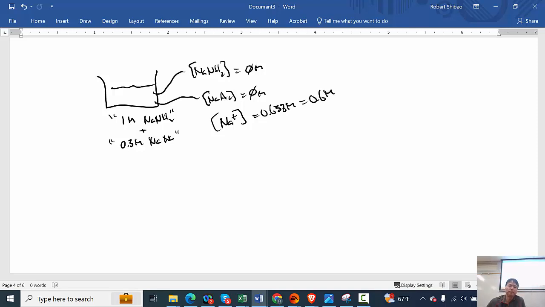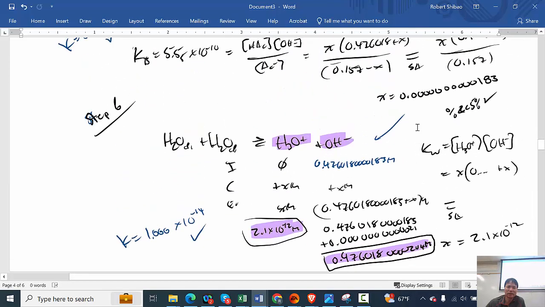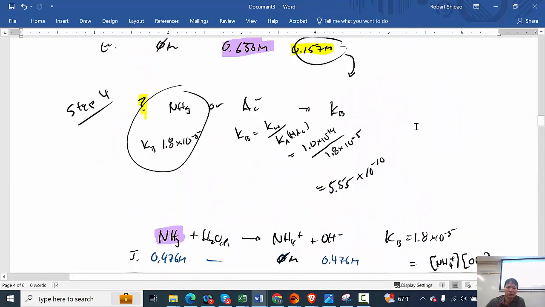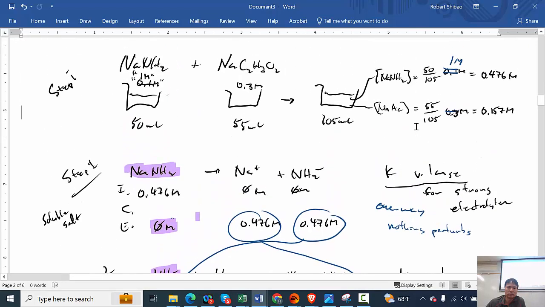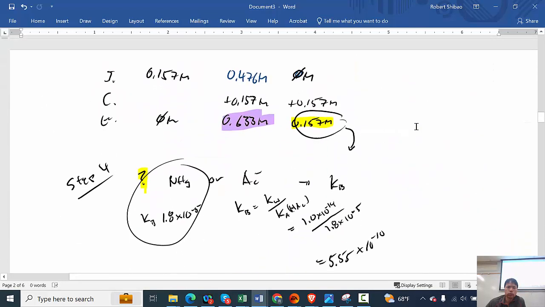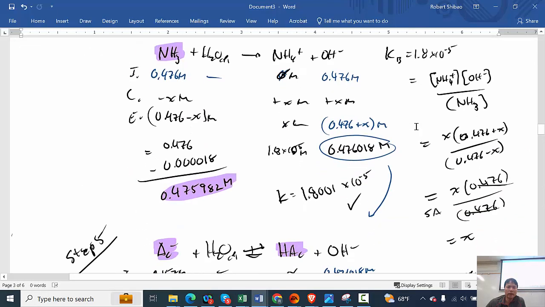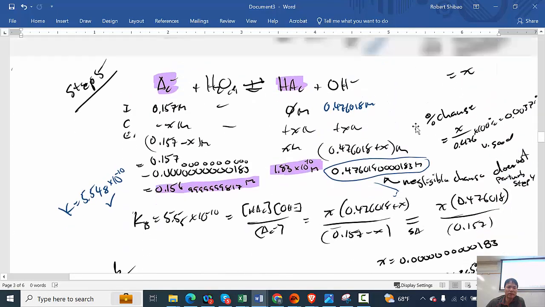0.6 molar. I'm only doing this to 1 sig fig, just to save writing. Ammonia is 0.47 molar.